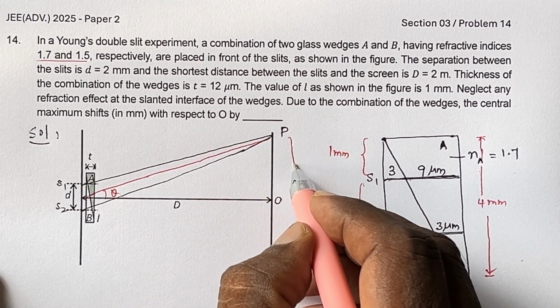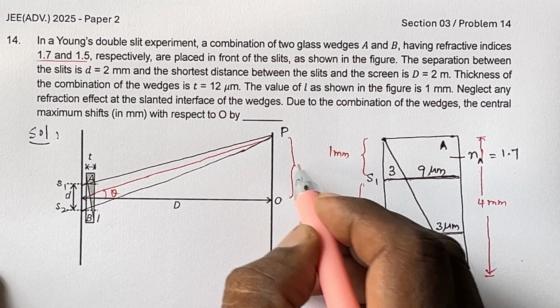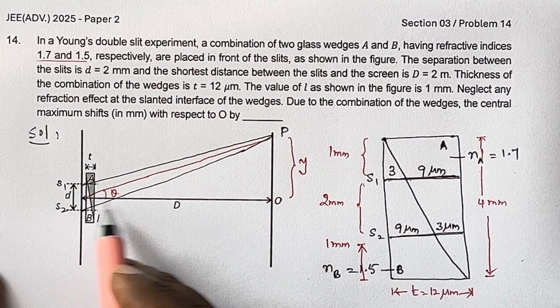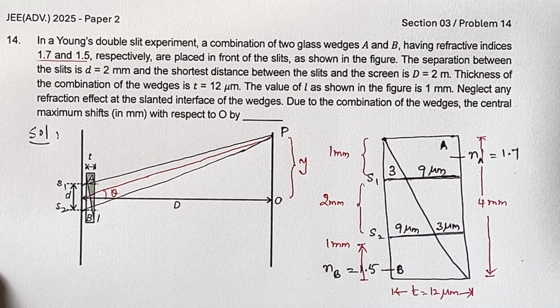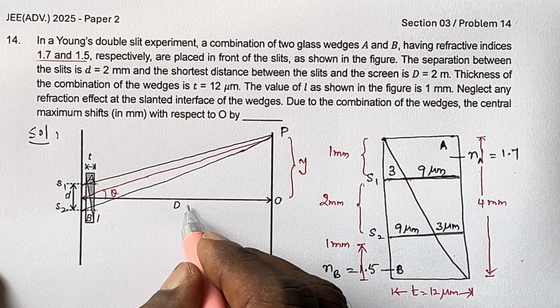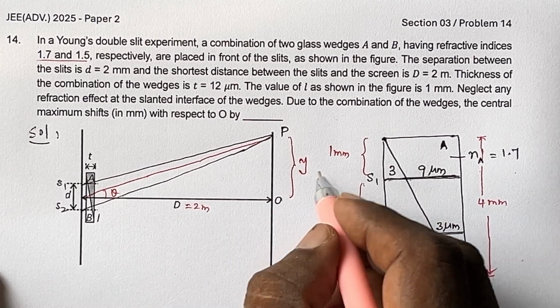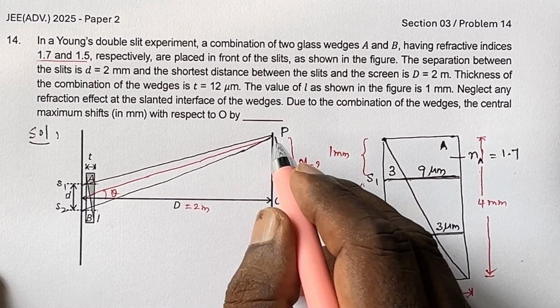From P to the center of the central bright is Y, and from slits to the screen the distance is capital D. This capital D is given as 2 meter. Right, this Y we have to calculate. Shift.